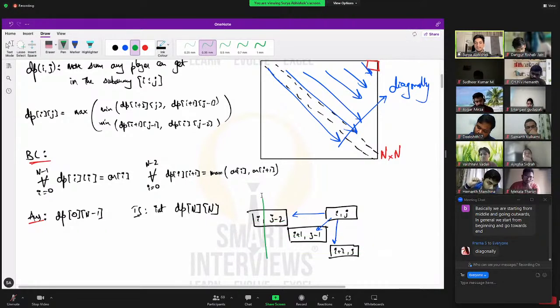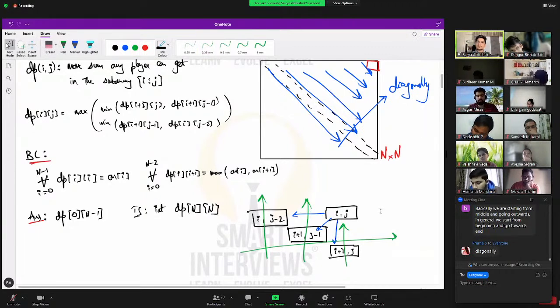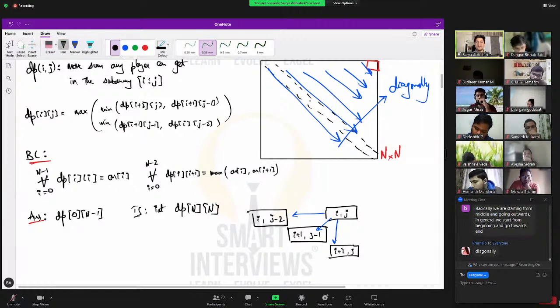Or you can also fill column by column, bottom to top, and right to left. Of course, you can ignore all these indices.